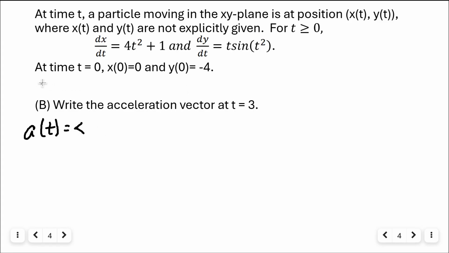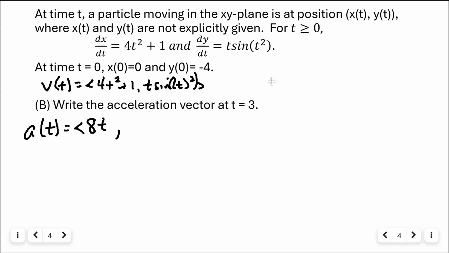The velocity vector is 4t squared plus 1 and t sine t squared. So there's my velocity vector. To find the acceleration, I need to differentiate each component. The derivative of 4t squared plus 1 is 8t.